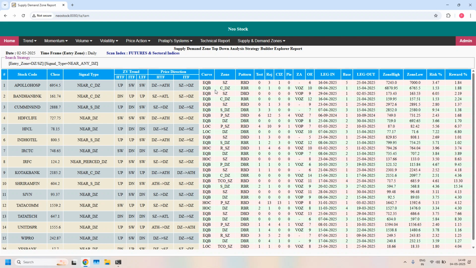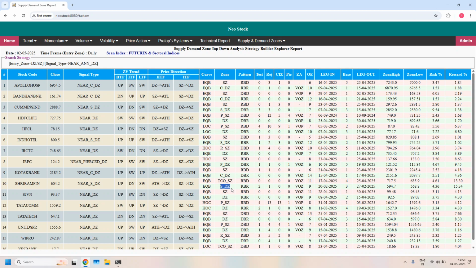The first one, Apollo Hospital, is having a daily high liquidity demand zone. Bandhan Bank is having a daily high liquidity demand zone. Cummins is having a daily high liquidity demand zone. Indian Hotels is having a daily high liquidity demand zone. Kotak Bank is having a daily high liquidity demand zone.